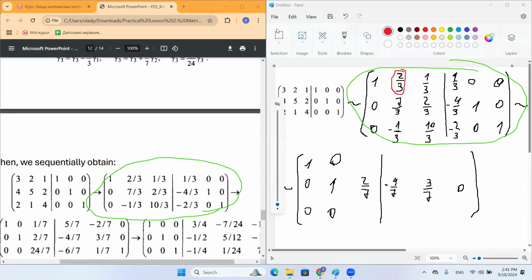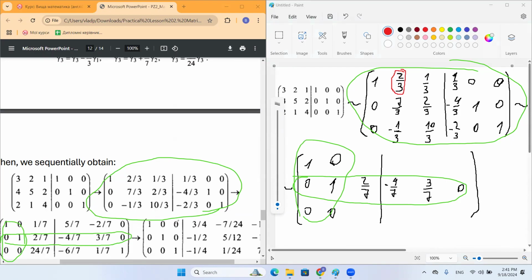The same here and here, and actually this line. So you understand the idea. We need to eliminate numbers here, so to set zeros, and then you will have to achieve zeros here.